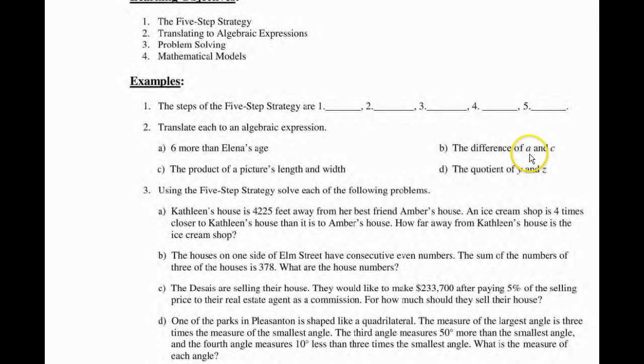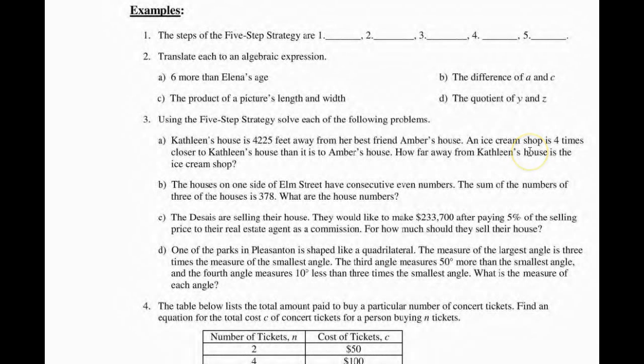Okay, so let's try a few of these, and they're going to start us off easy as we go along. And remember, the answers are down below. Now, let's take a look at this. 6 more than Elena's age.